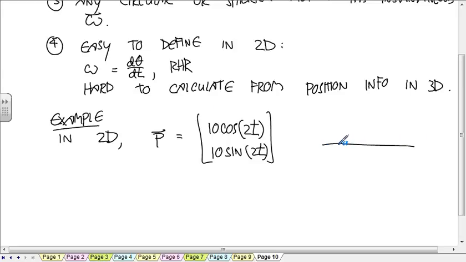Okay, so that motion looks like this. It's a circle with a radius of 10.